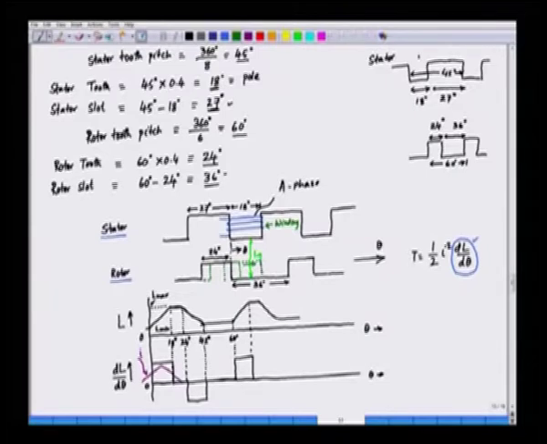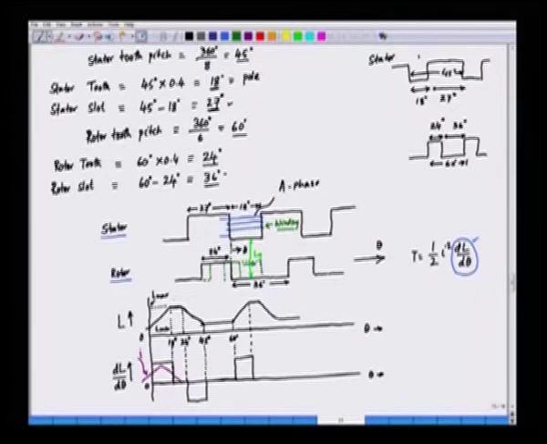Now, under this situation, if we see the inductance of the stator winding, this inductance will be gradually rising linearly, because as the rotor pole moves under the stator pole, the air gap will be gradually reducing, and hence the inductance will be increasing.